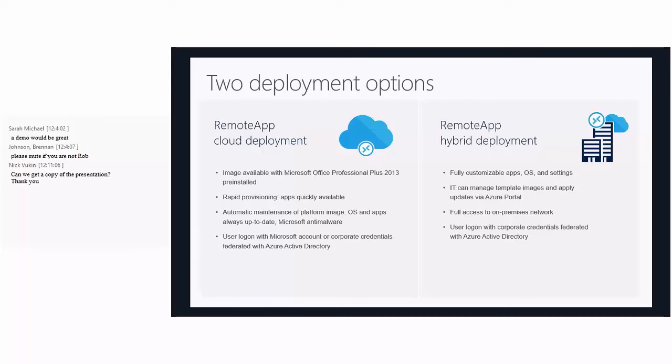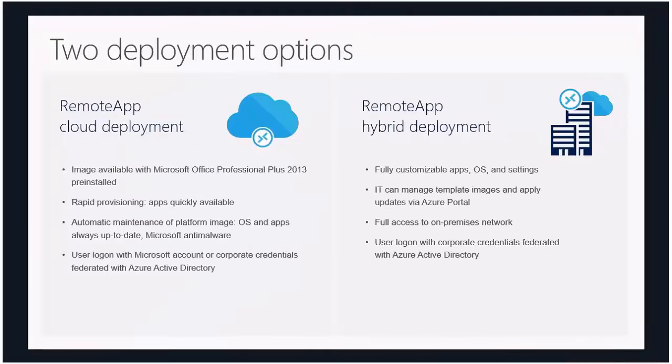And the other thing I love about this RemoteApp hybrid is it gives us full access to my on-prem resources. So now I can have this Azure RemoteApp instance that actually can access my on-premises file servers or other application backends.